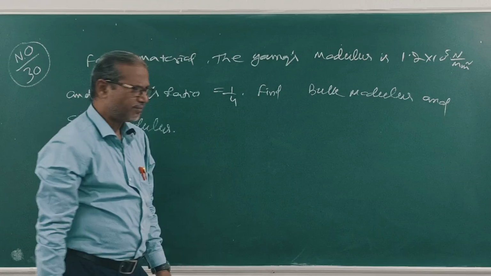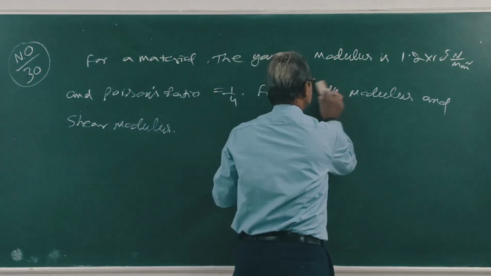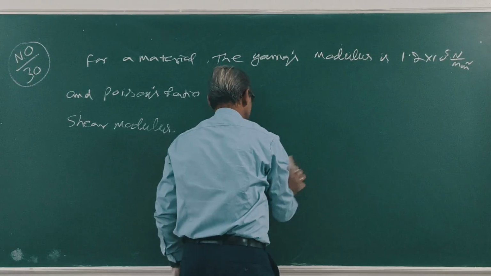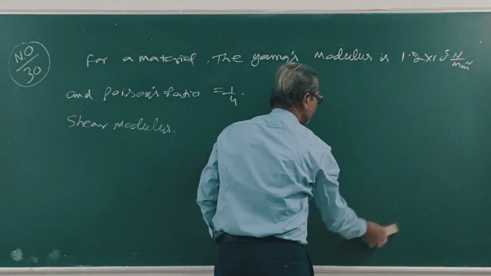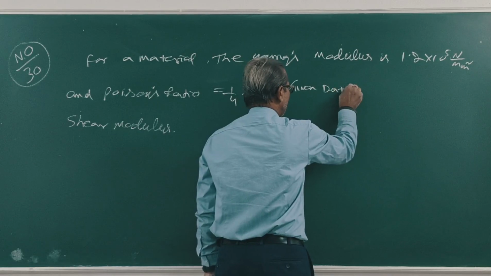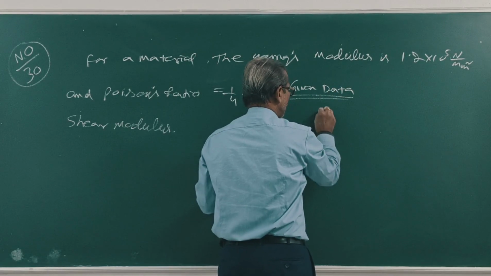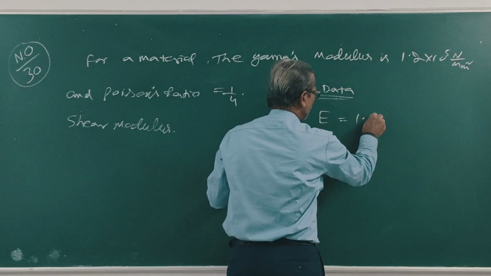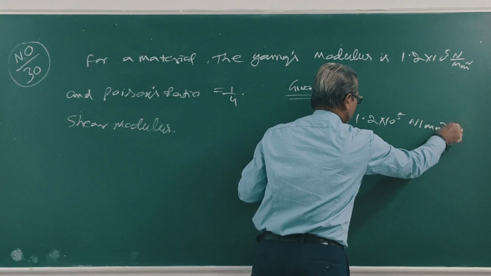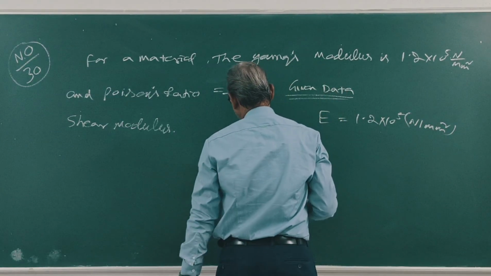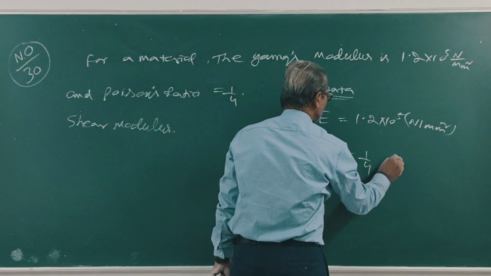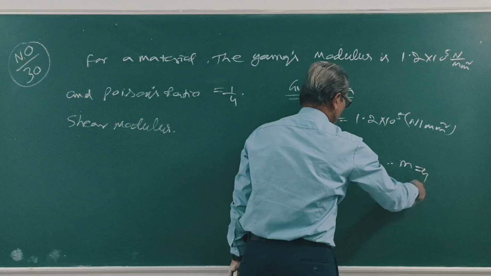Clear? Now the given data: Young's modulus E is equal to 1.2 into 10 to the 5 Newton per m square, and 1 by m is equal to 1 by 4. What is m? m is equal to 4.